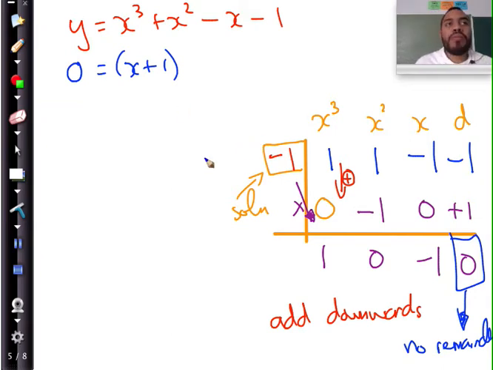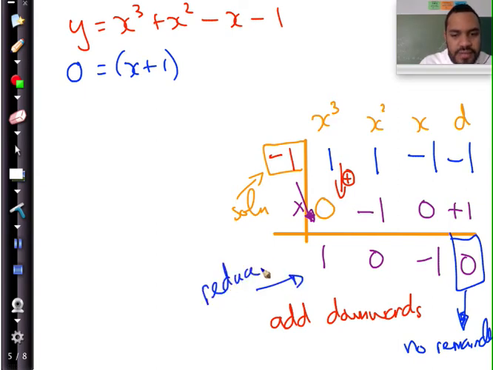What we've actually done is take this polynomial and divide it by x plus 1, and synthetic division is just a shortcut for that. Given that there's no remainder, this is a reduced polynomial.